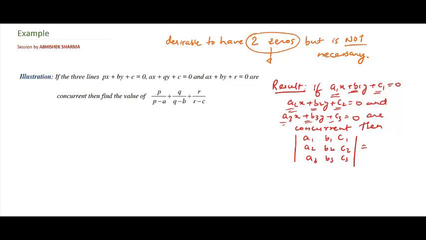And what do we mean by concurrent lines? Concurrent lines are the lines which are intersecting at one point. These kinds of lines L1, L2, L3 are called concurrent lines. So I am using this result directly, and you have to learn this. This is important from the JEE point of view. So in this question, you are given that these three lines are concurrent.